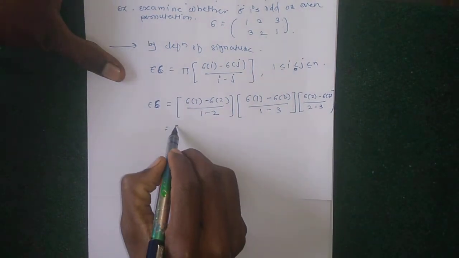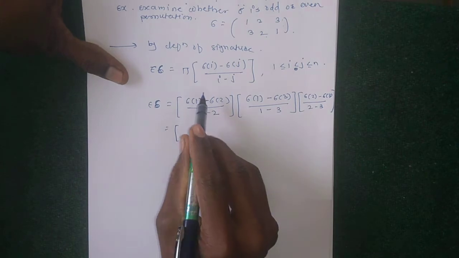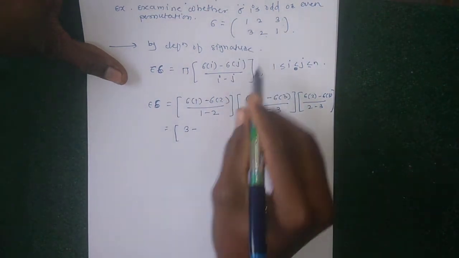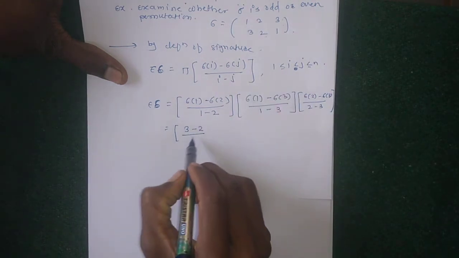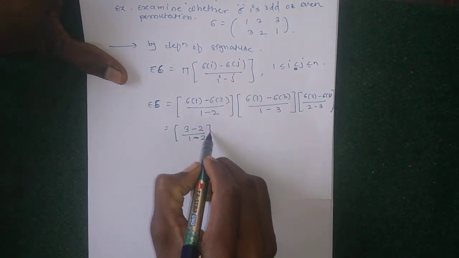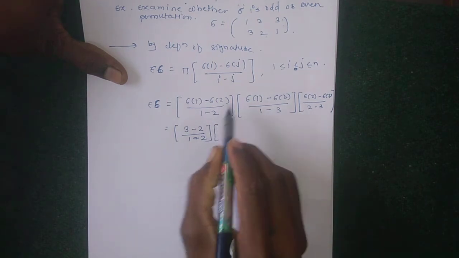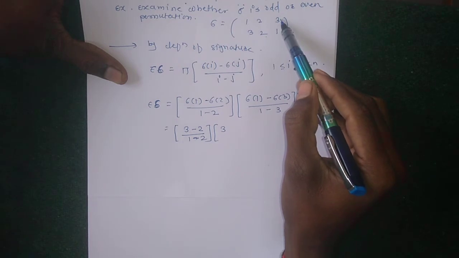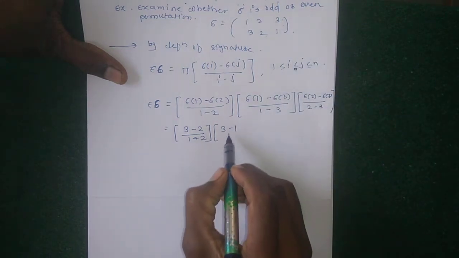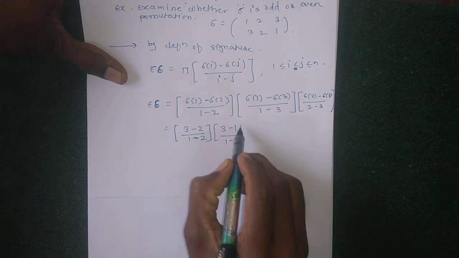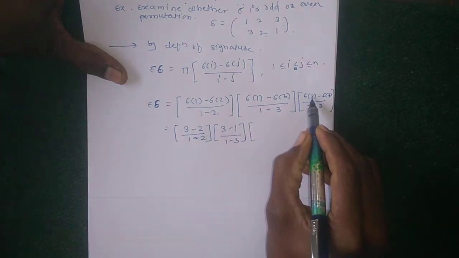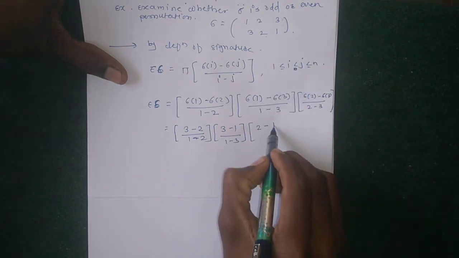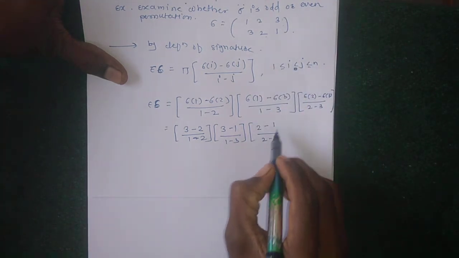Okay, so here σ(1) has value 3 minus σ(2) has value 2, divided by 1 minus 2 as it is, into σ(1) has value 3 minus σ(3) has value 1, divided by 1 minus 3, into σ(2) has value 2 minus σ(3) has value 1, divided by 2 minus 3 as it is.